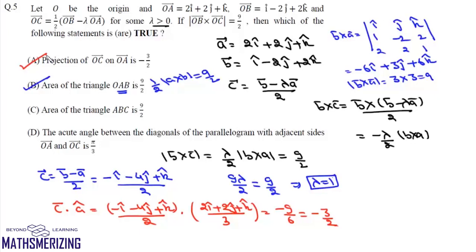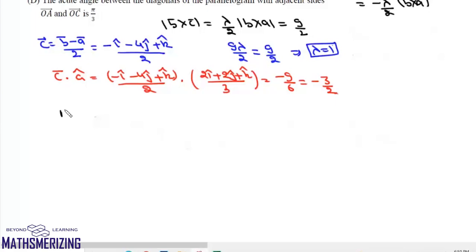Now this third one is to find the area of triangle ABC. We'll find vector AB. Now vector AB is B minus A. So it will be minus i minus 4j and plus k, and we'll find this vector AC, and this vector AC will be minus 5 by 2 i minus 4j and minus 1 by 2 k.